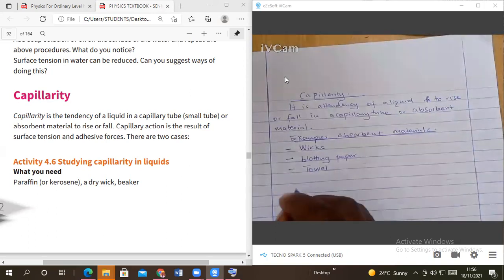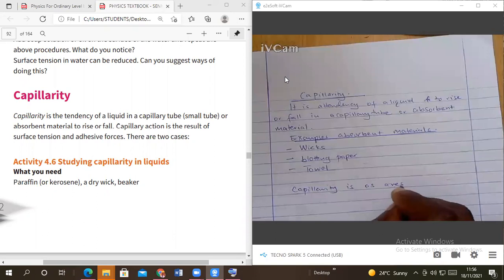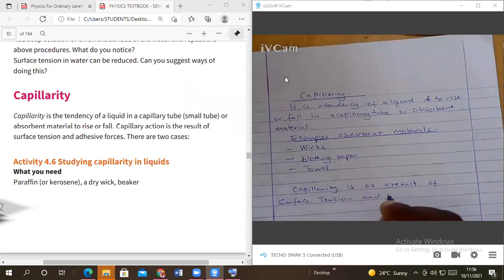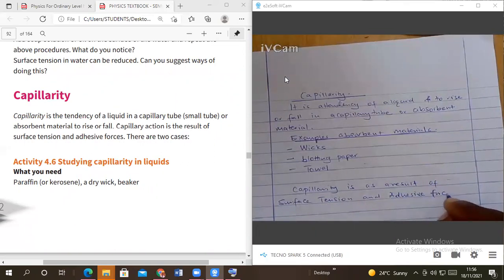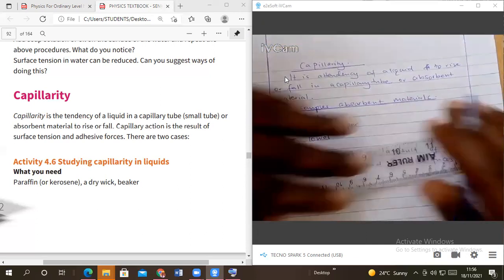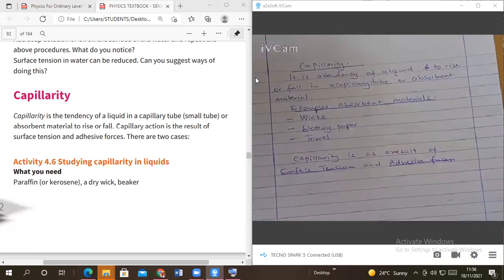So capillarity is as a result of surface tension and adhesive forces. Capillarity is as a result of these two forces, adhesion and surface tension.